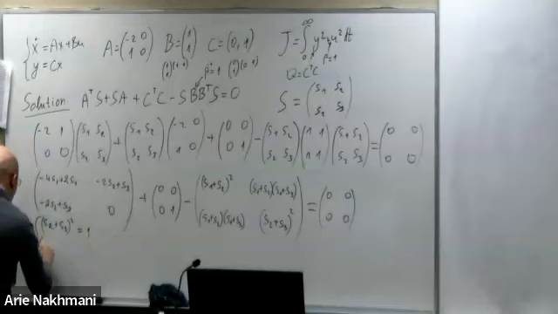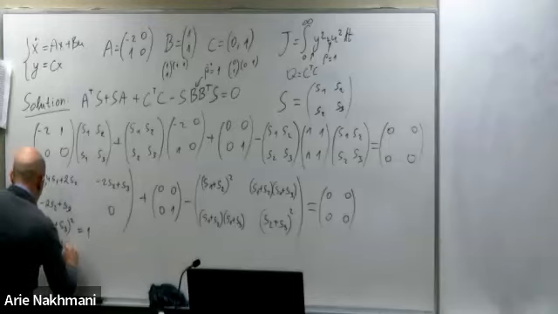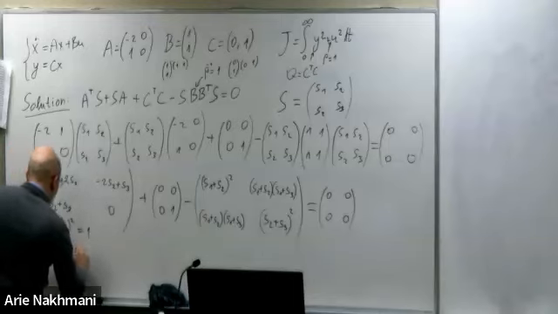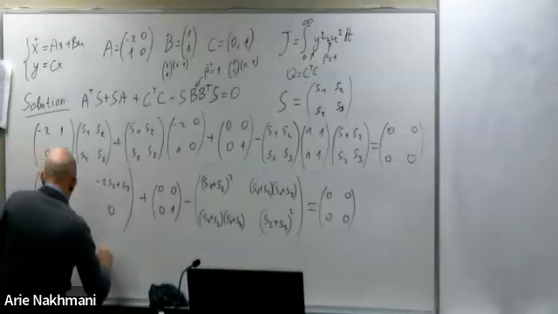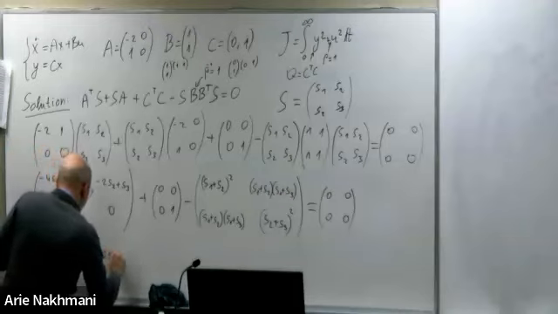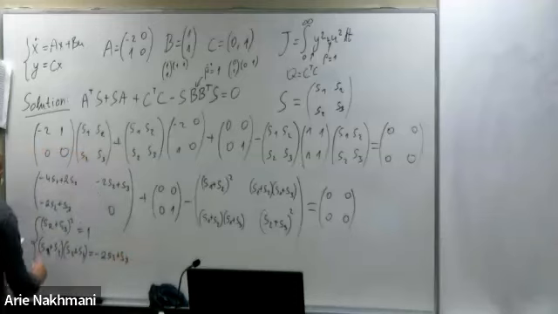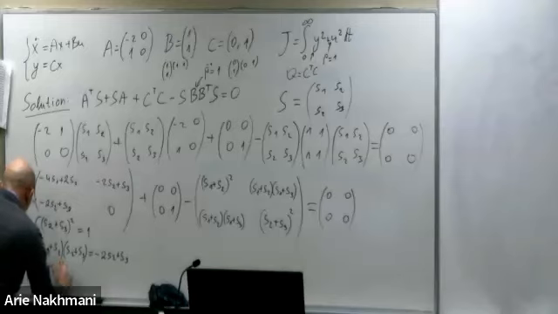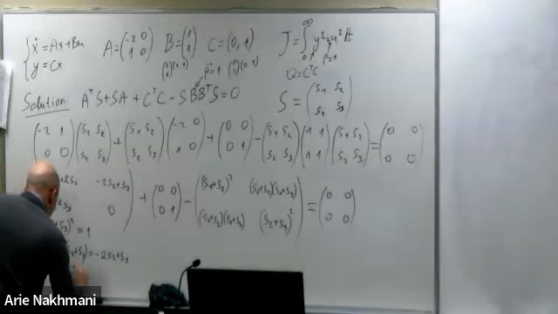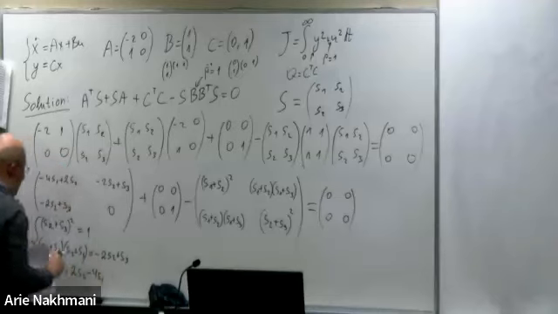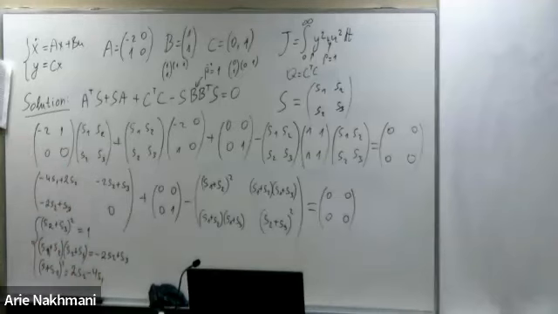Second equation will be S2, S1 plus S2 times S2 plus S3 equals minus twice S2 plus S3. And third equation, S1 plus S2 squared equals twice S2 minus 4 S1. That kind of equations.